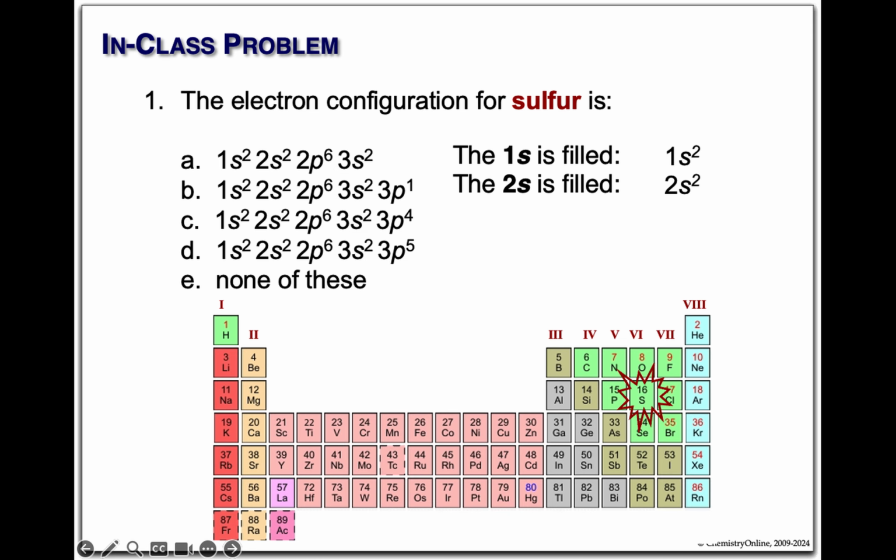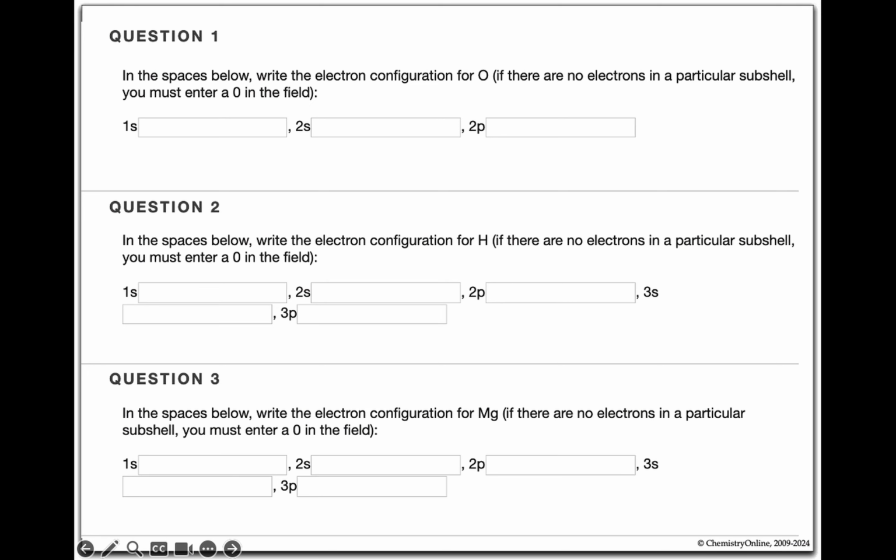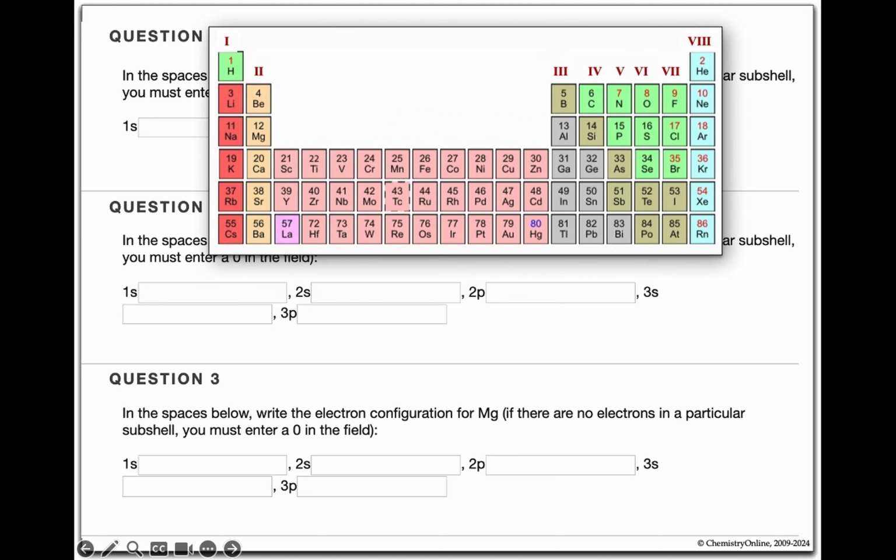On Blackboard, it's very similar but slightly different. Okay? On Blackboard, if there are no electrons in a particular shell that's shown, you have to enter a 0. And instead of breaking down the p orbital into 3 pieces, just enter the total. So it's simple, really. Let's look at this guy down here, that's magnesium. Magnesium is here in the third period.